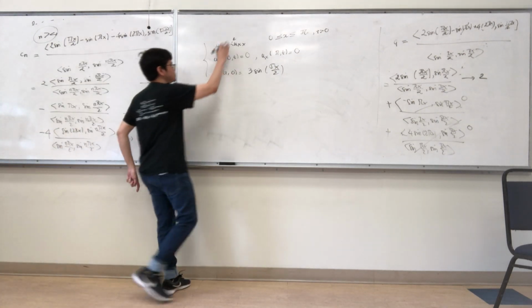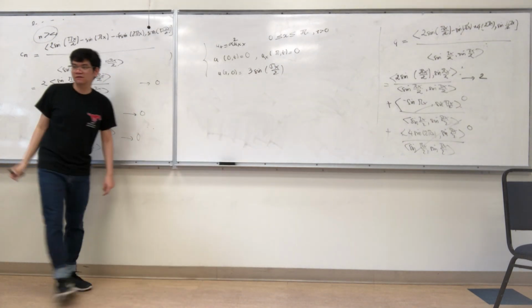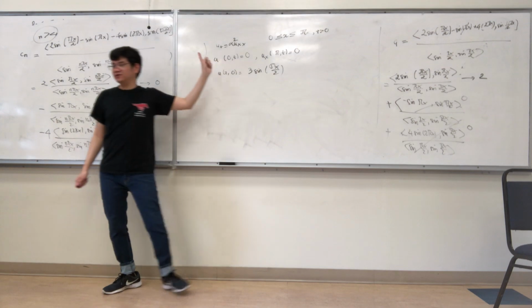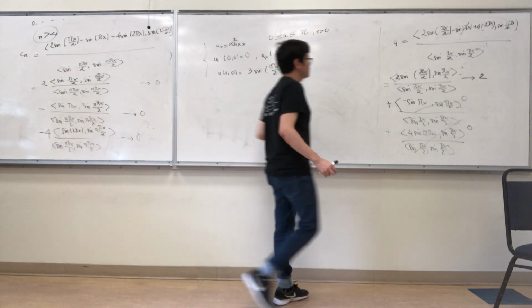Alpha is any constant, right? So the only difference is the boundary condition. The boundary condition will give you a different basis, but it's exactly the same method.